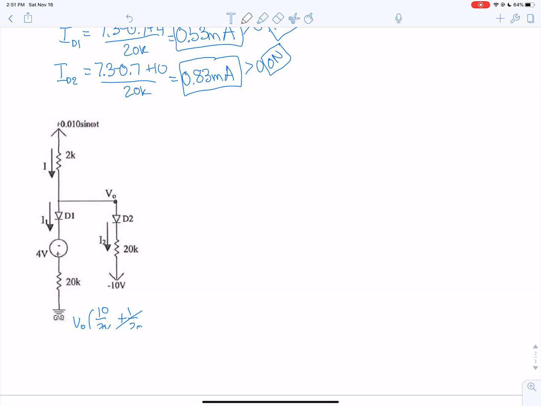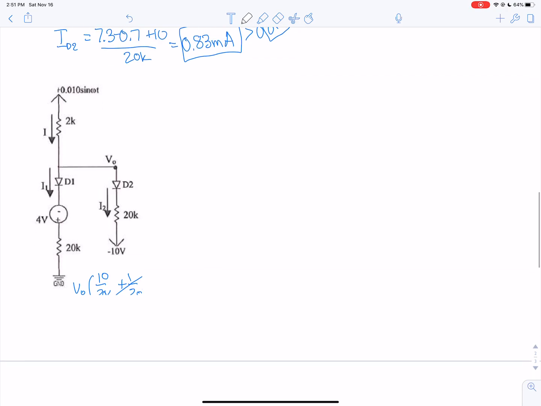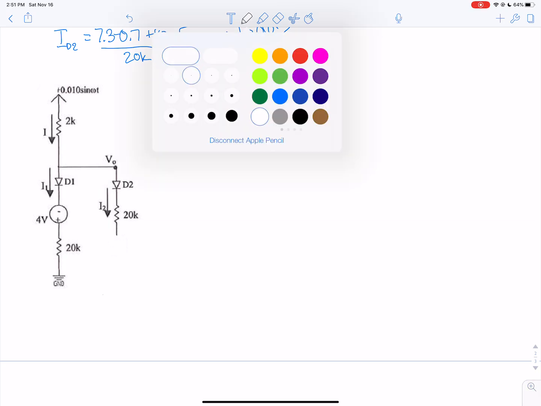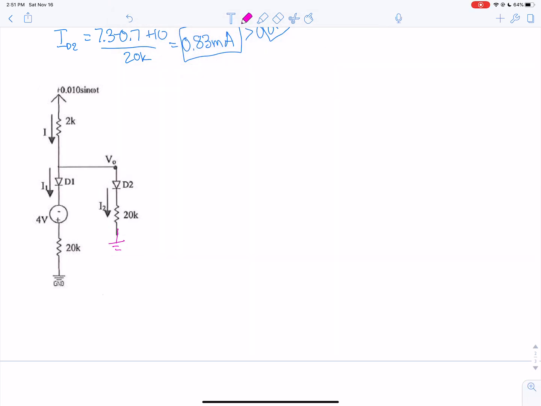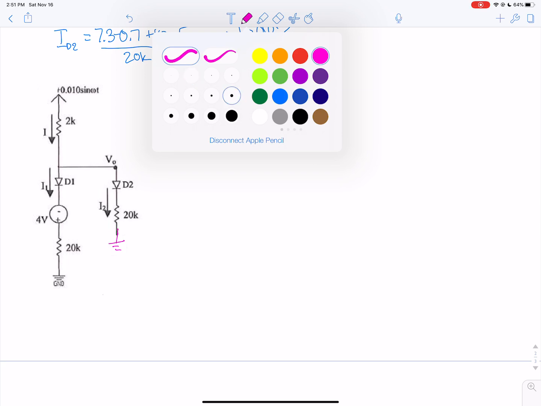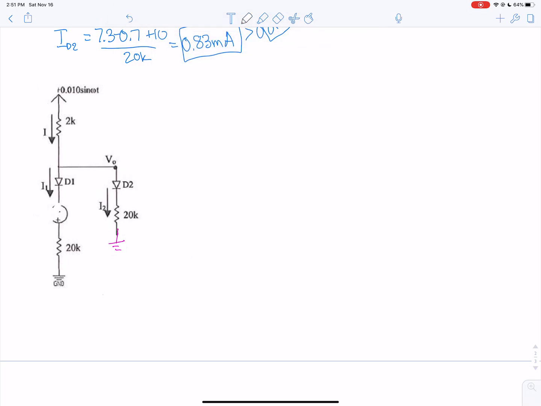So that will go to 0, and the negative 10 over here will also go to 0, so this becomes ground. Our 4 volts also gets shorted because it becomes 0, so that becomes a short.